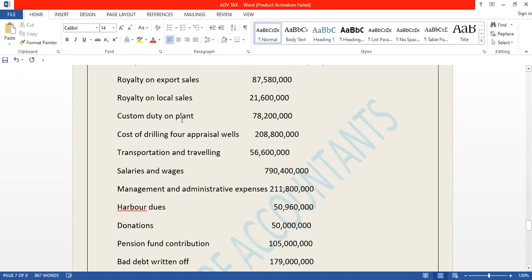Then custom duty on plants will remain the same thing. So this royalty on sales is okay the way it is. Then royalty on export sales is also okay. There's no information concerning that. Custom duty. Let's check custom duty.